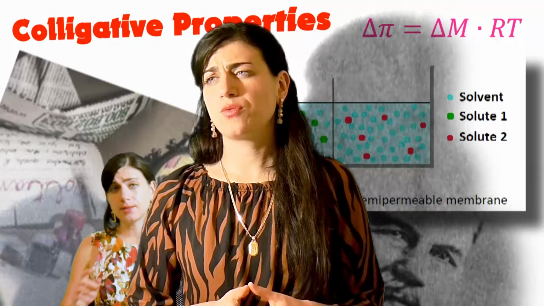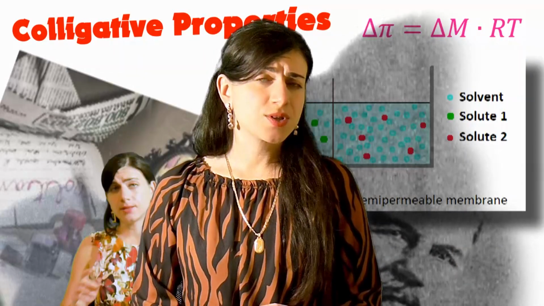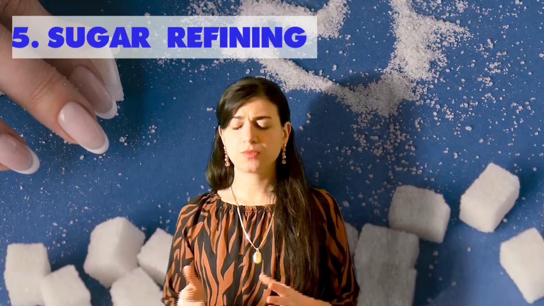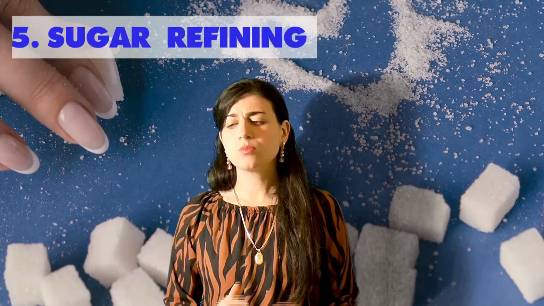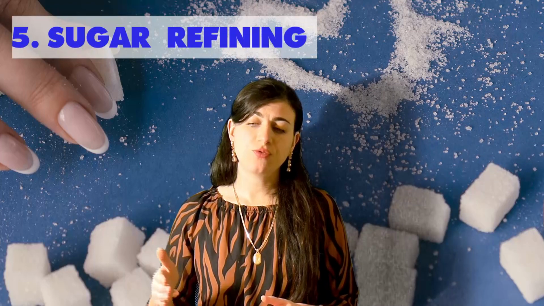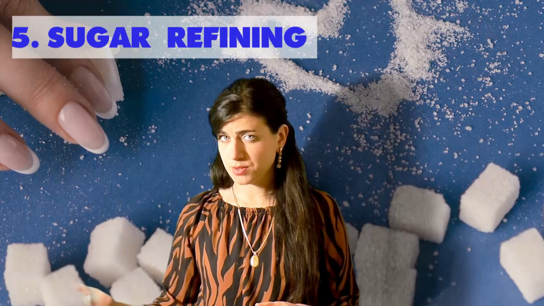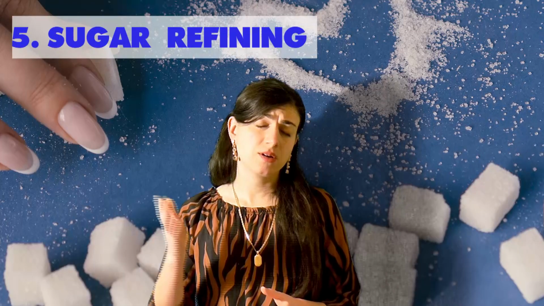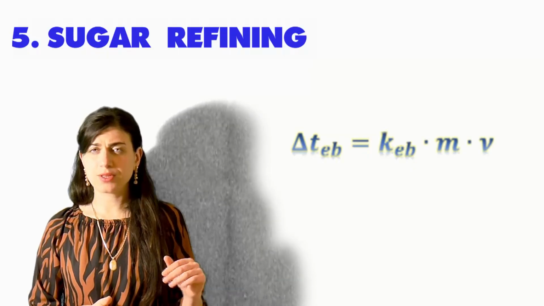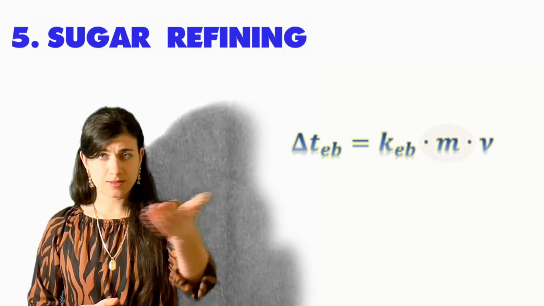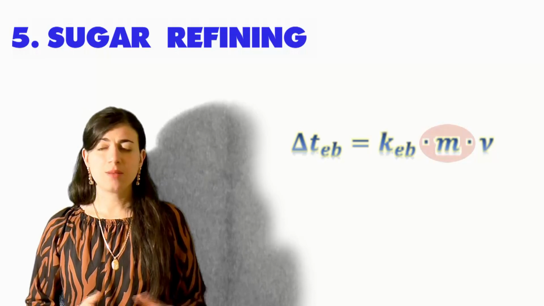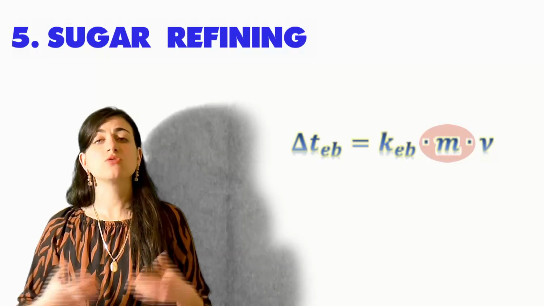Another application of elevation of boiling point occurs in the sugar refining industry. During sugar refinement, the concentration of sugar is monitored by an instrument, which indeed measures the variation of boiling point temperatures. So this instrument uses the equation we have seen before. Why? Because if you know delta T, the difference of boiling temperature, in this case of your solution with sugar, you can calculate m. m is the molality, so m is concentration.